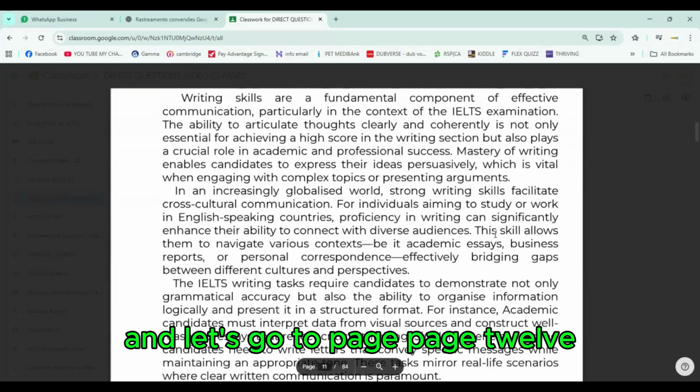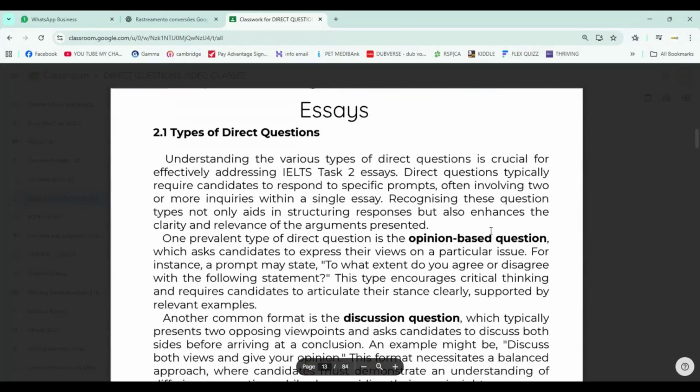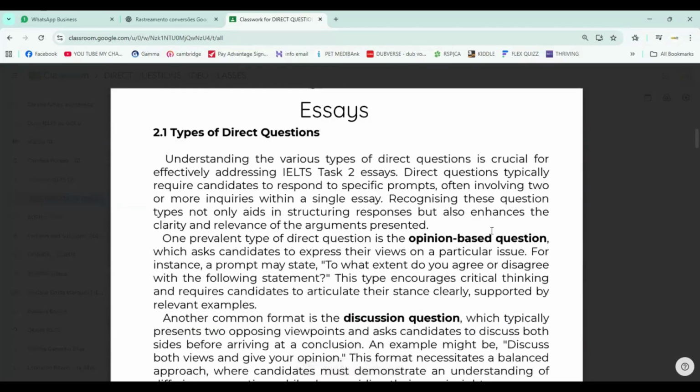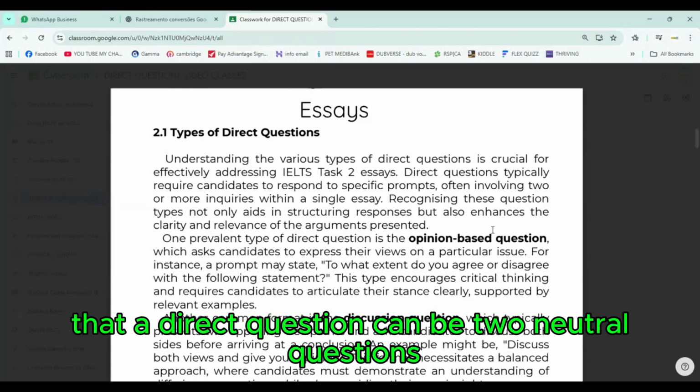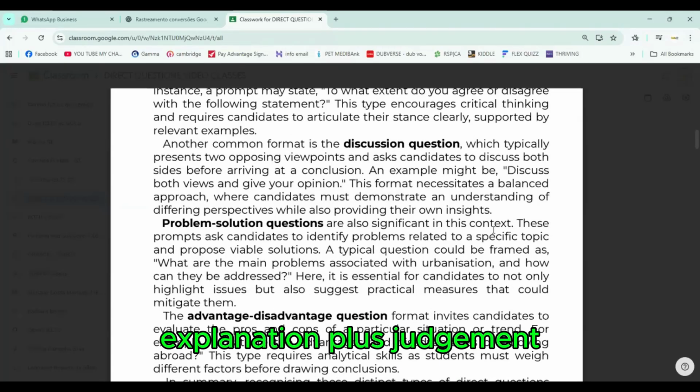And let's go to page 12 to page 15. This is a very important point. Why? Because the book explains that a direct question can be 2 neutral questions, cause plus consequence, cause plus evaluation, explanation plus judgment.